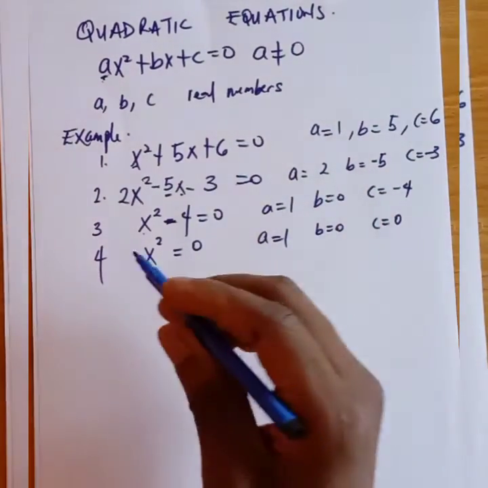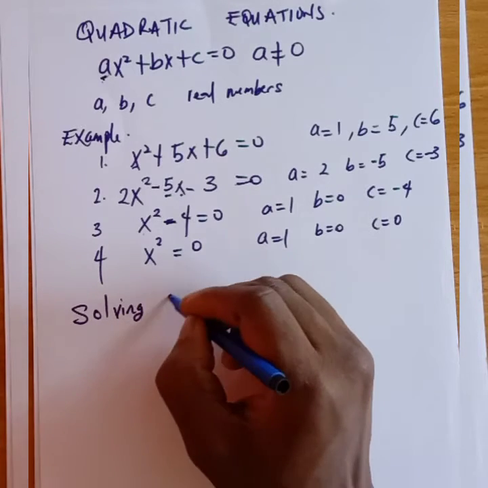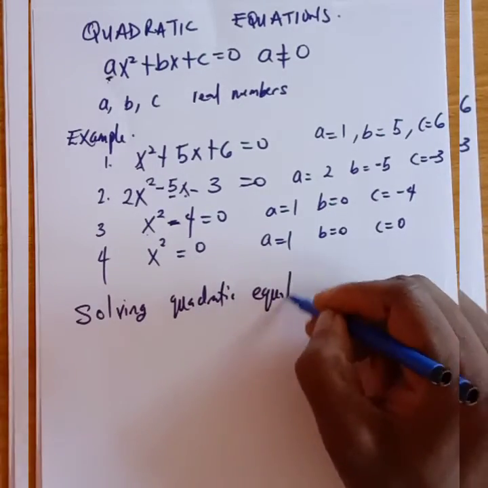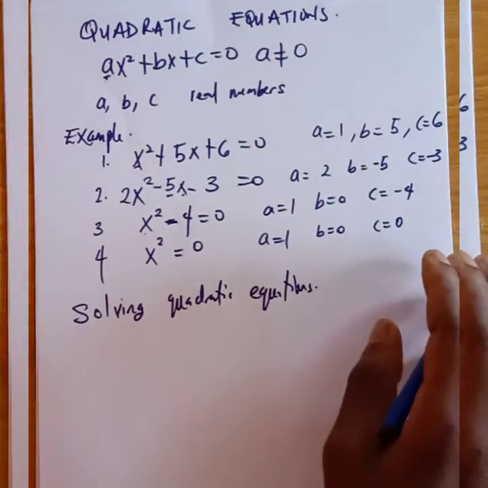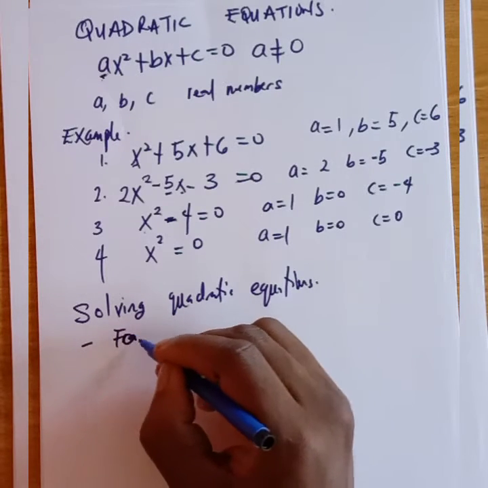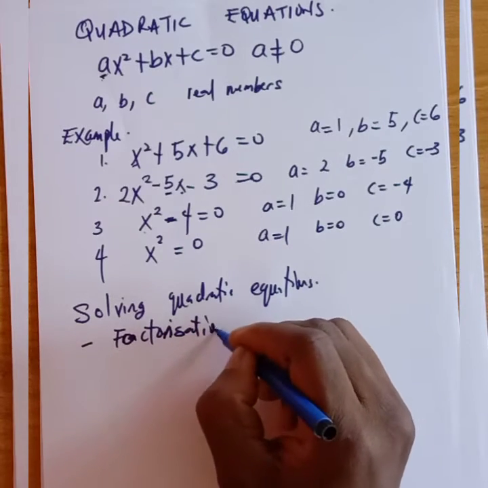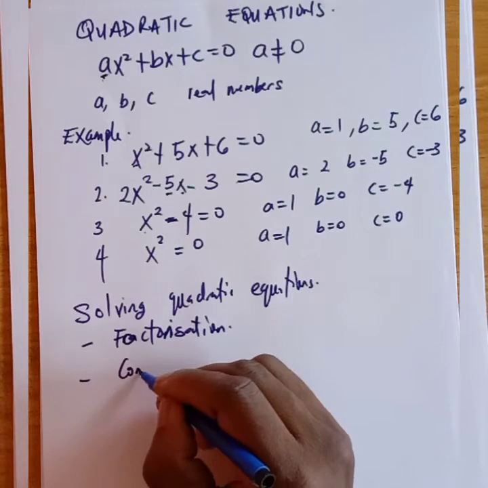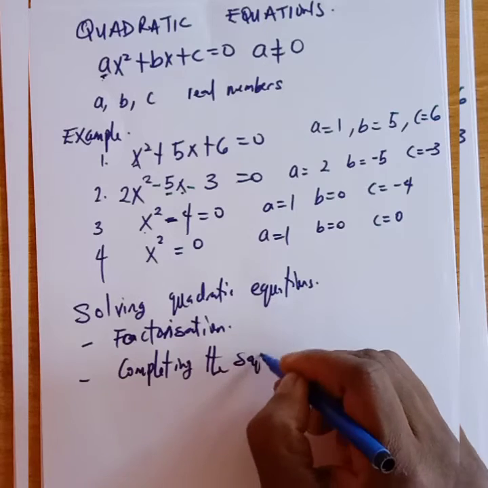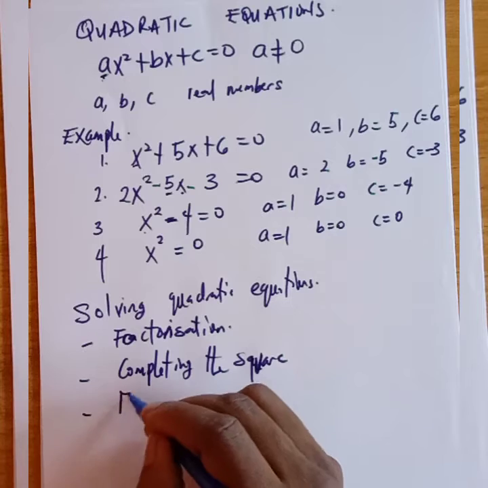So in solving quadratic equations, we have several methods. The first method is the factorization method. We could use the completing the square method. We could use the formula method.